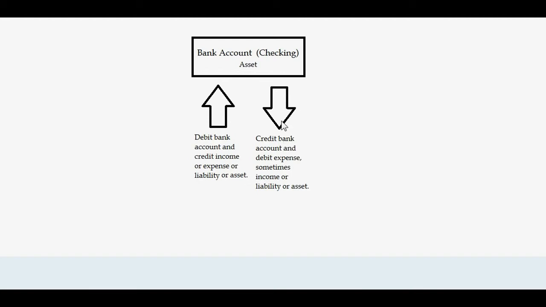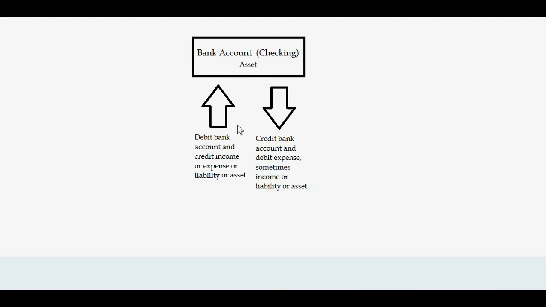The same on the way out. Money out, it would be a credit, and the balance would go down. And then the debit side would be to an expense, which is the most common. You increase your expense when you spend money. Sometimes income, liability, or asset, just like the other one.